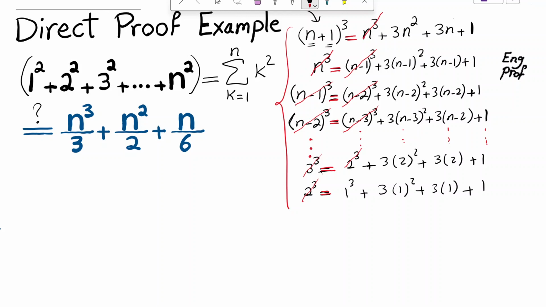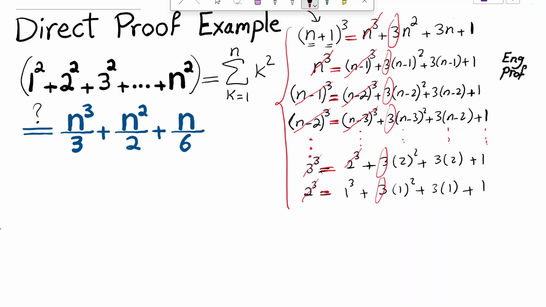All right, so if you take a look at a very nice outcome, you can see that I have 3 times n squared, 3 times (n minus 1) squared, 3 times (n minus 2) squared, 3 times (n minus 3) squared, 3 times 2 squared, and 3 times 1 squared. So there you go.